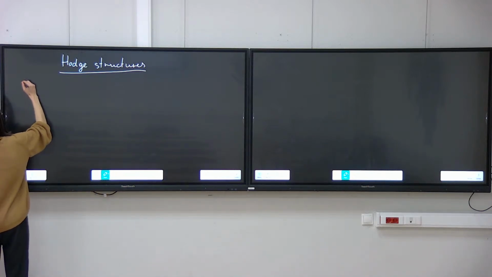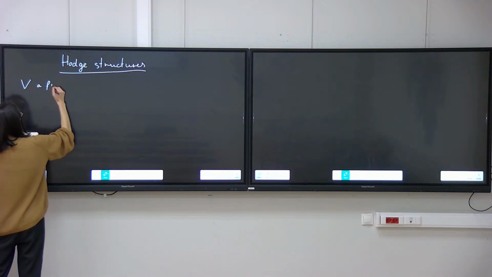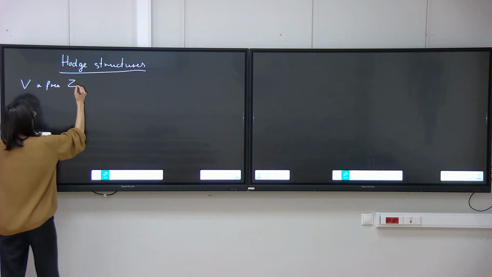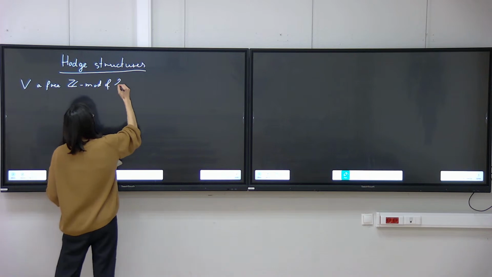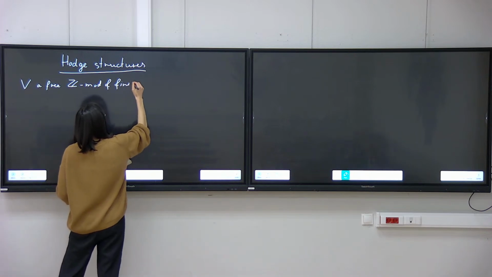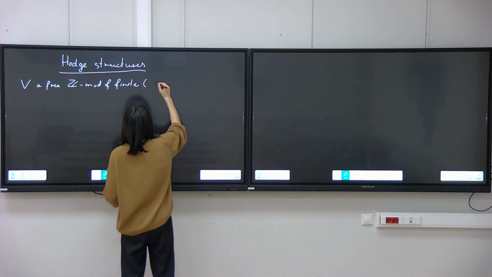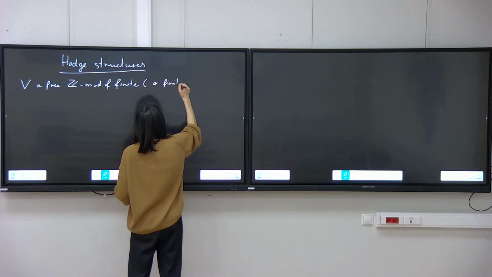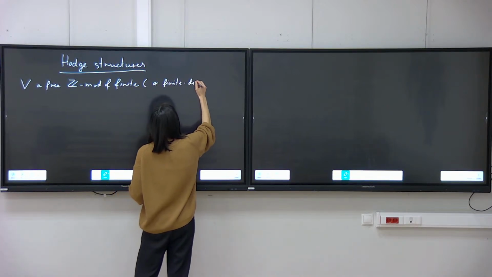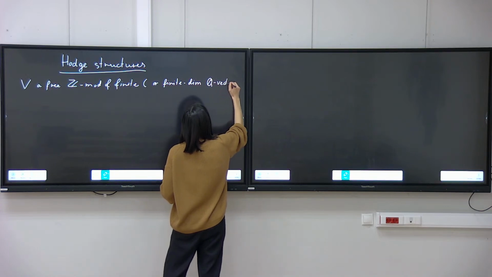So suppose that we have a module of finite rank, or a finite dimensional Q vector space.